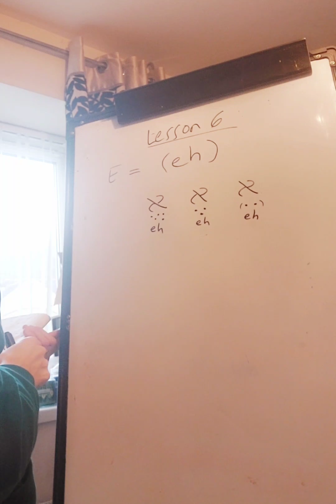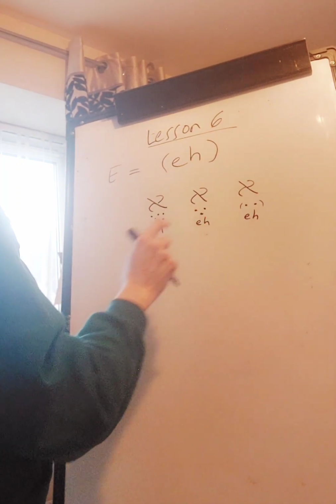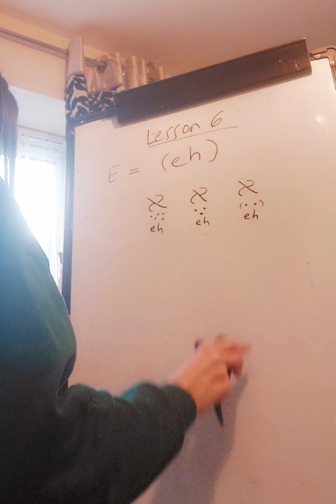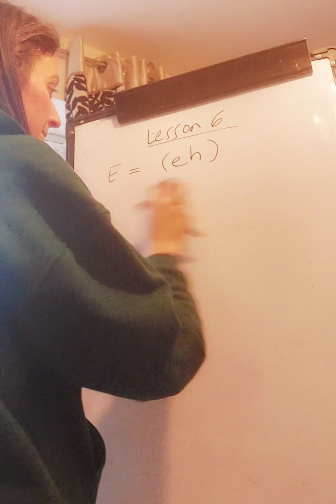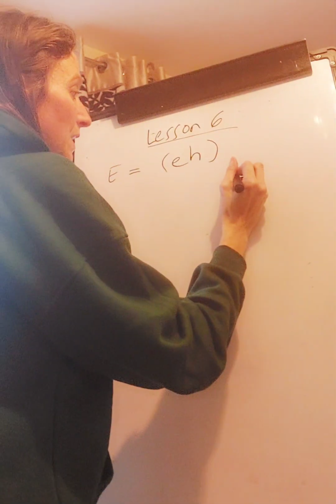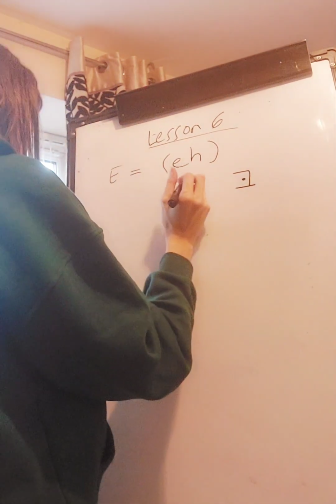So if you want to practice writing the vowel and say your sound, I want you to say the sounds of these consonants as well that we've already done. So I'll write them there first.